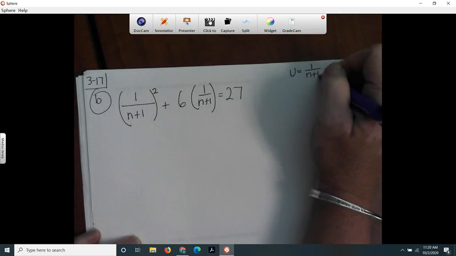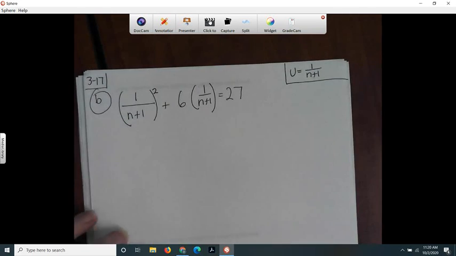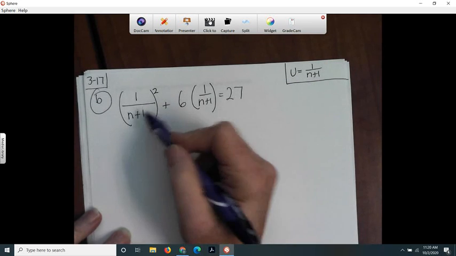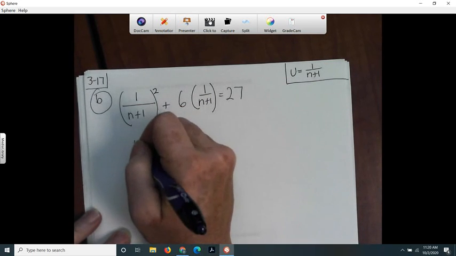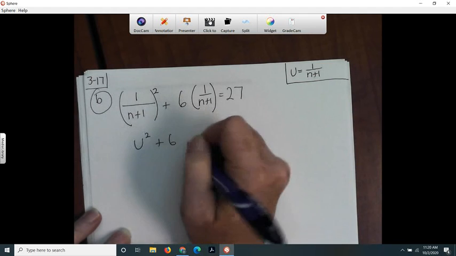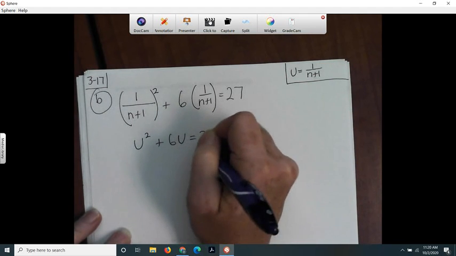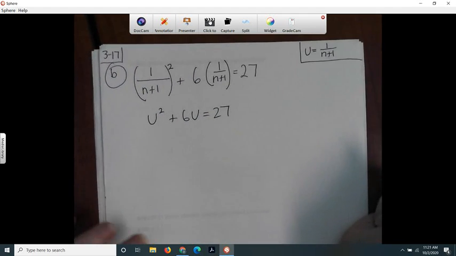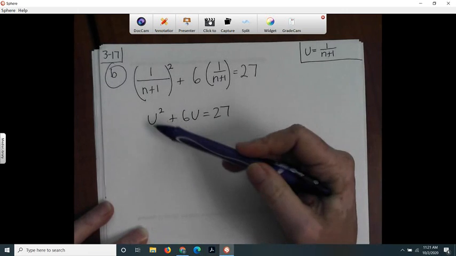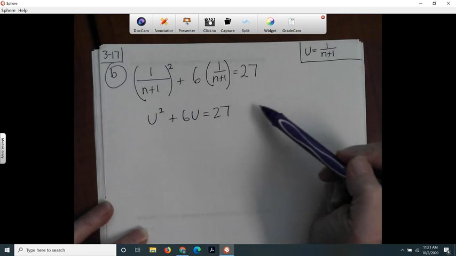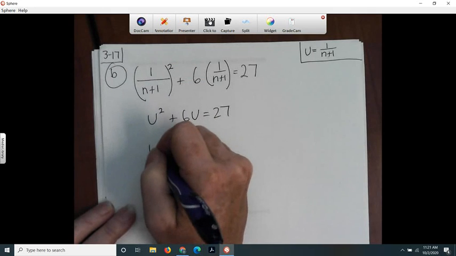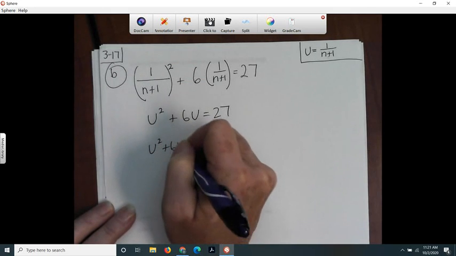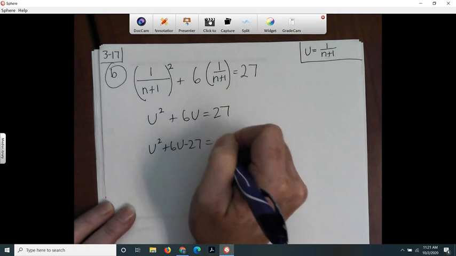We're going to substitute U in: U squared plus 6U equals. Okay, this looks like I could do a diamond problem on it, because if it was like x squared plus 6x equals 27, I can just go U squared plus 6U minus 27 equals 0, do a diamond problem.